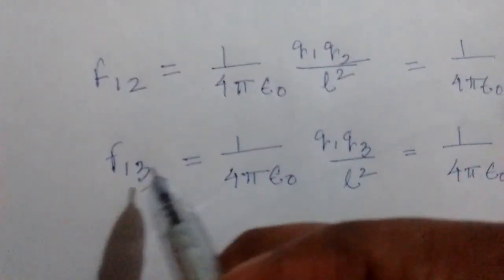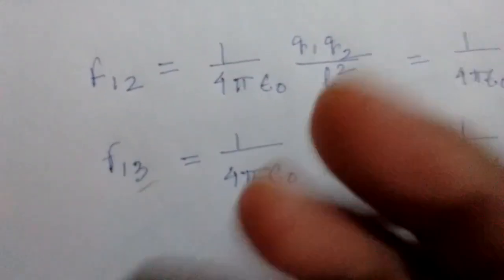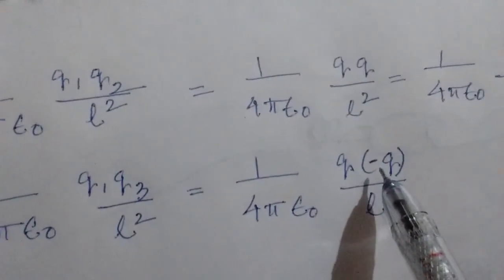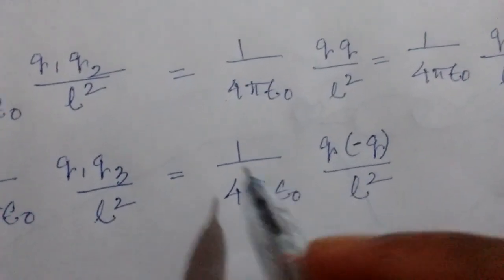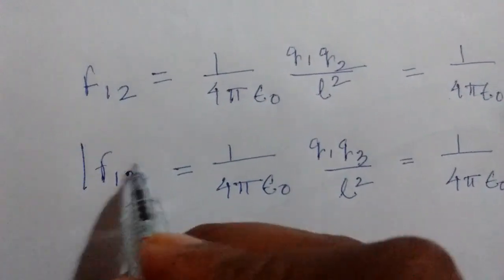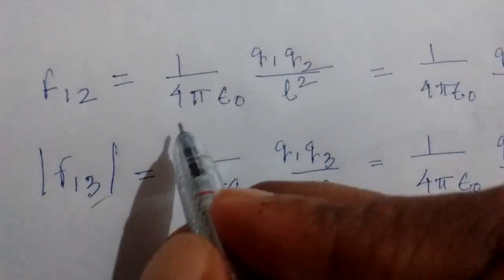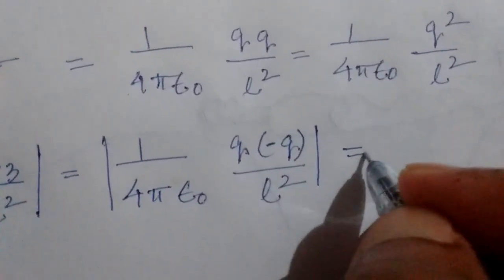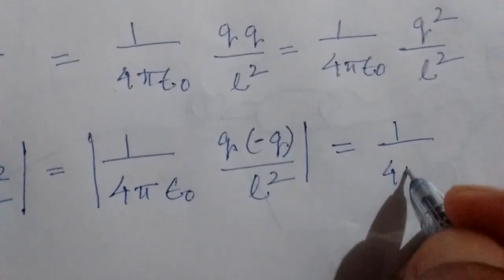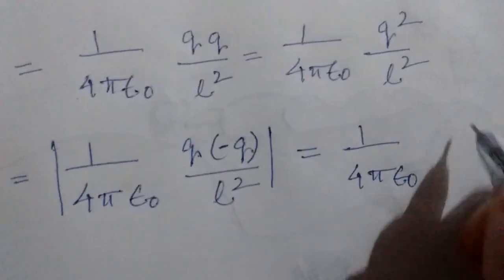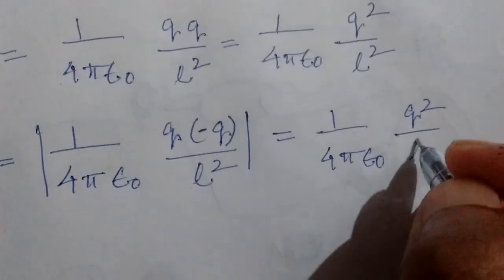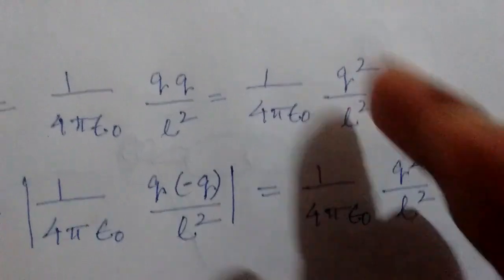Why? Because we are only considering the magnitude of the force, not the direction. This minus simply shows its direction. That's why we can put a mod sign here to eliminate that minus. Finally it will become 1 by 4 pi epsilon naught q square by L square, the same value as F12.